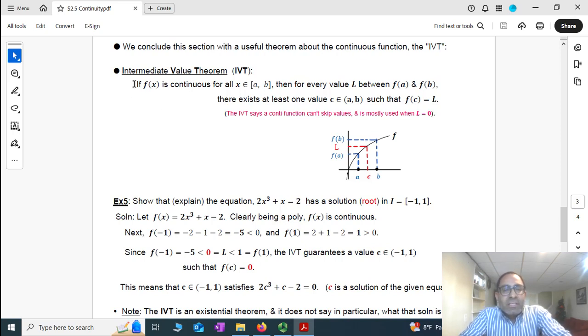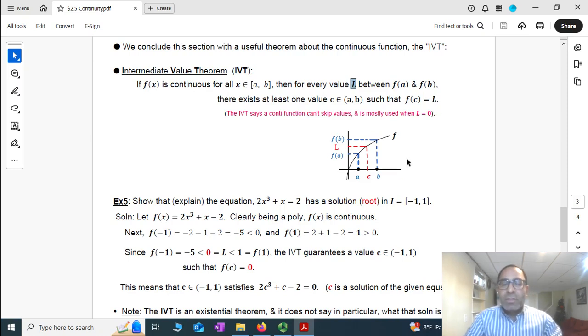The statement is: if f is continuous for all x in the closed interval [a, b], then for every value L strictly between f(a) and f(b), there exists at least one value c in the open interval (a, b) such that f takes that value c and gives us the output L.